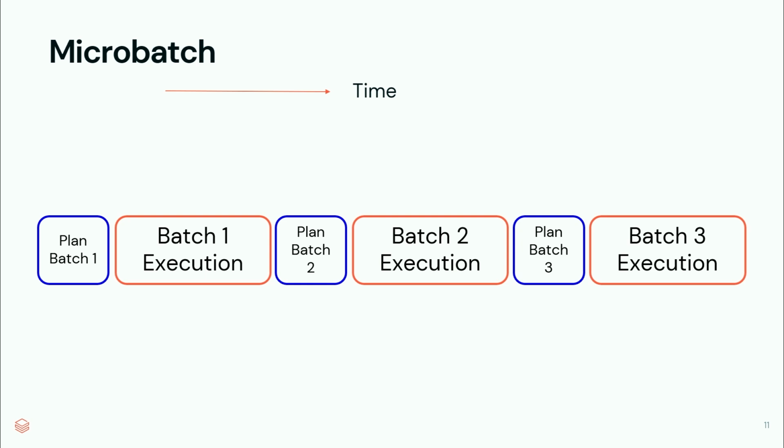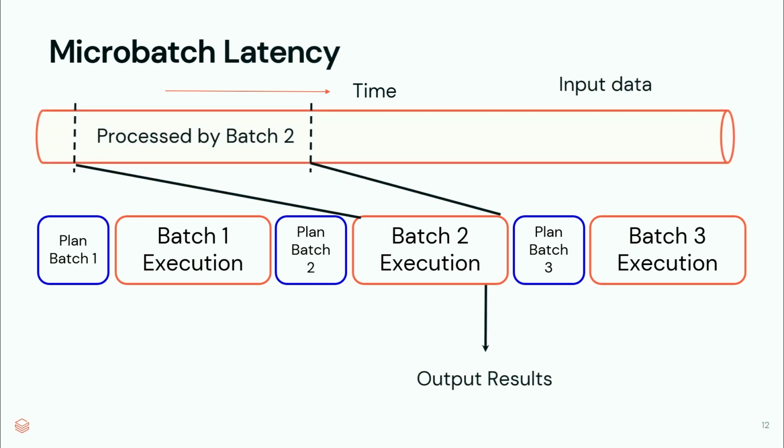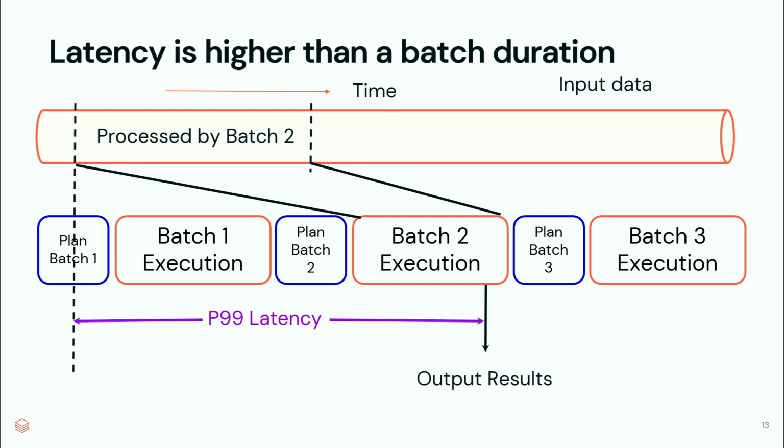So what does the latency, or freshness, look like? Because of this architecture, for every batch, the data being processed mostly arrived in the previous batch, because that's what we can see during the planning phase. So the latency is at least a batch duration.